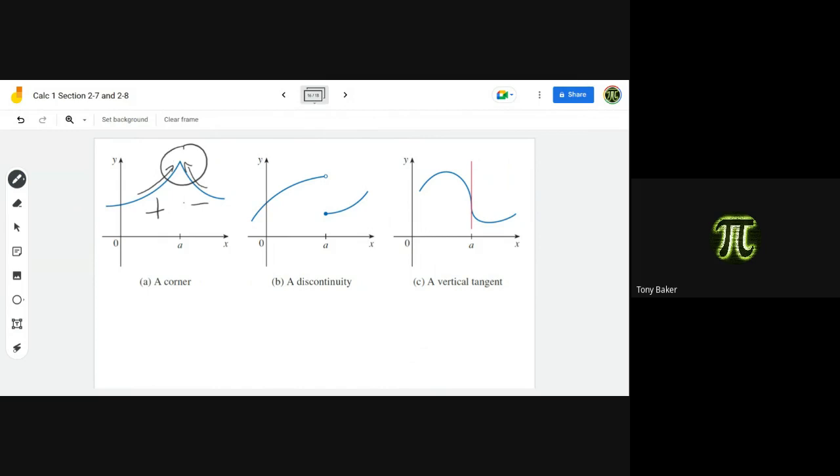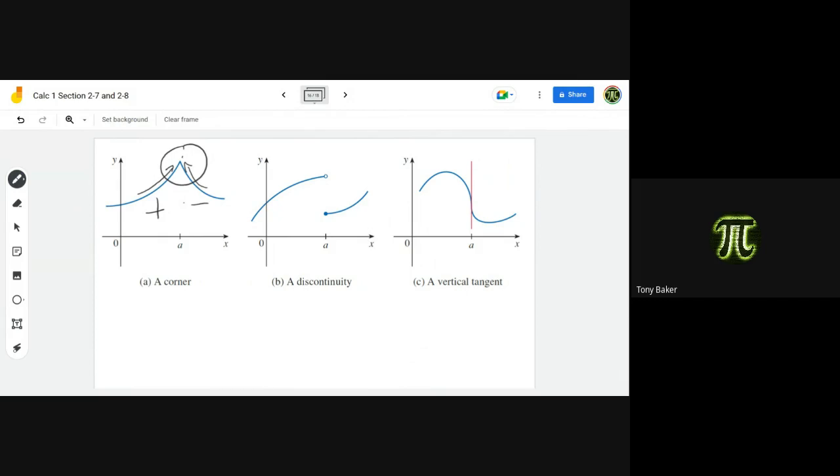But that's going to a point, not 0. So as the slope gets closer and closer to this, it's basically going to almost infinity. So that doesn't exist at that point. Therefore, I can't find the derivative at that point. So there are certain situations where I cannot find the derivative because the slope does not exist.